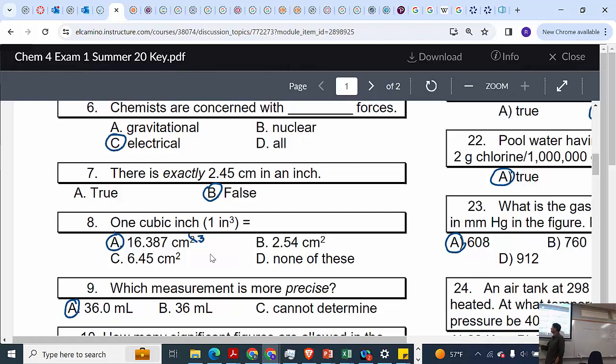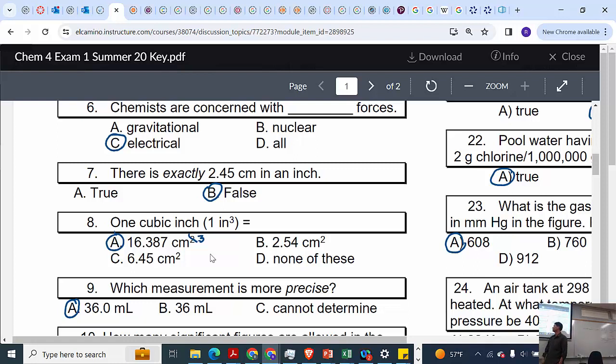If this were a typo, then this would be the correct answer here. If this were real, then the correct answer would be D, none of these. What people did was they either selected A and thought, okay, this was supposed to be centimeter cubed, not centimeter squared, or they picked D. I didn't care which one they picked, A or D. It would have gotten full credit.